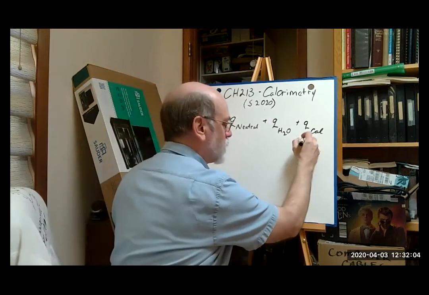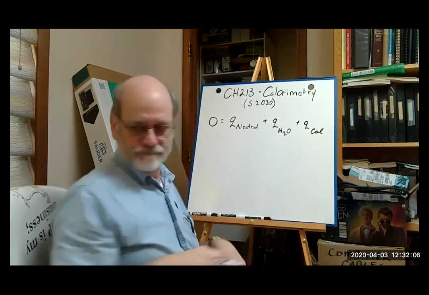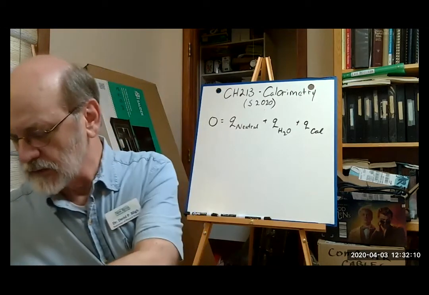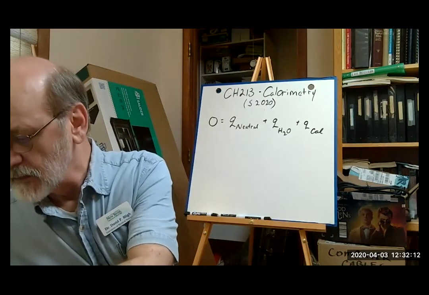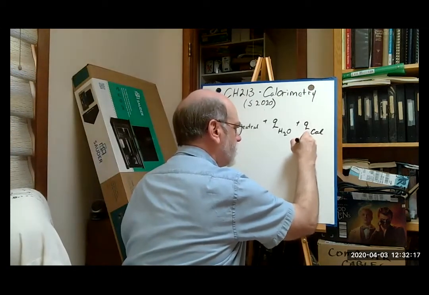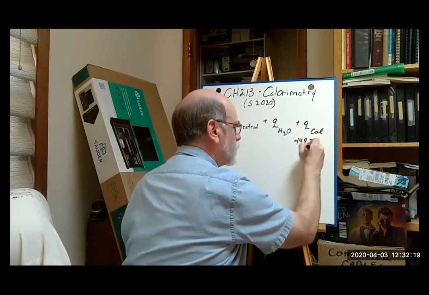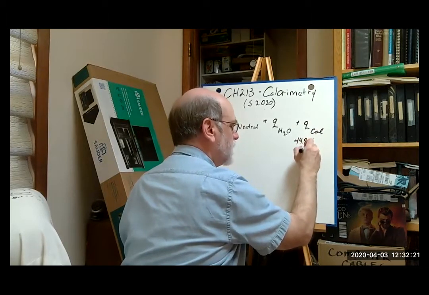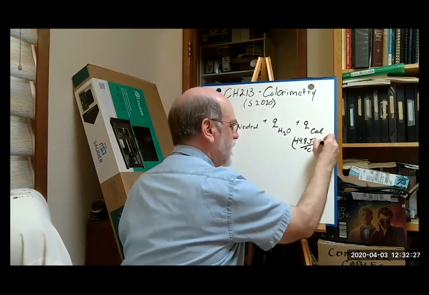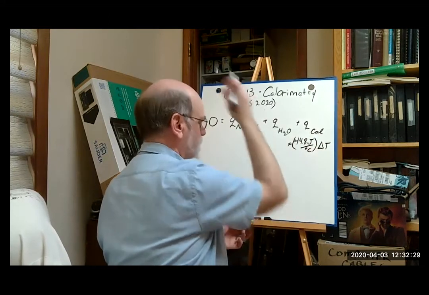Well, this one is going to be our calorimeter constant, which was 44.8 joules per degree C, and then its change in temperature.